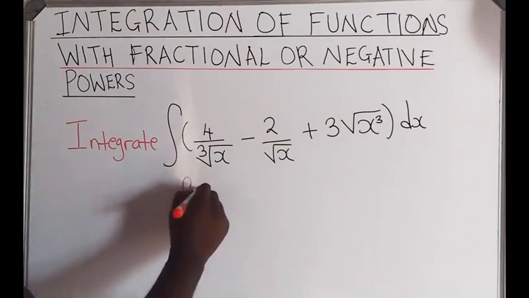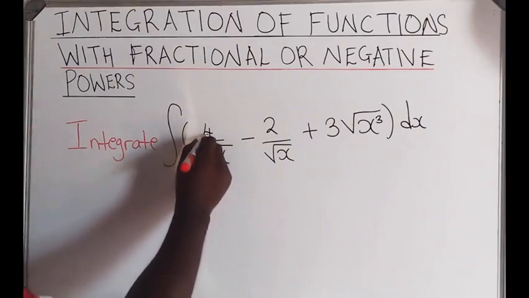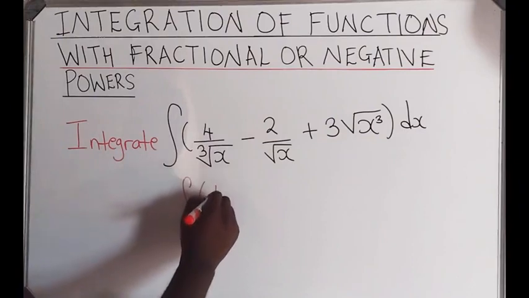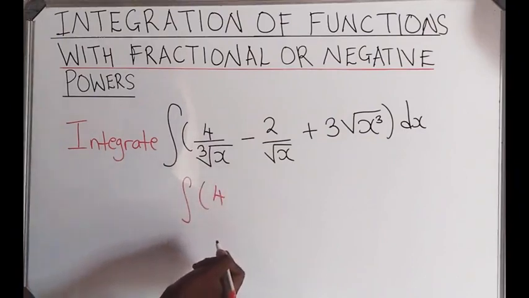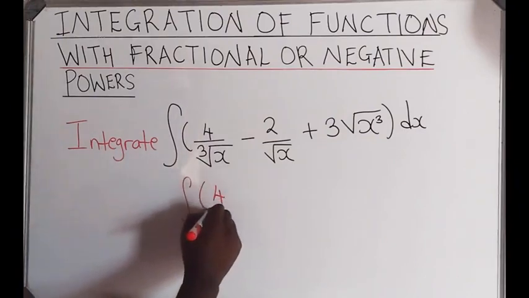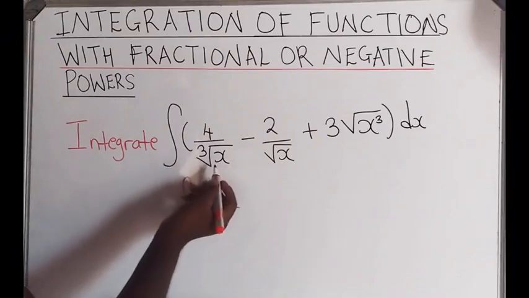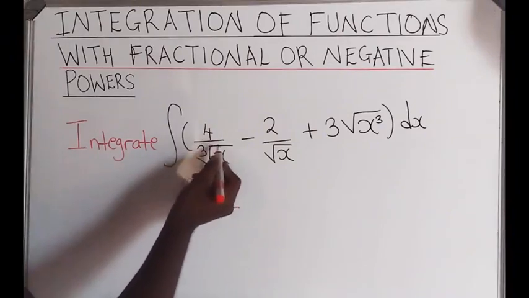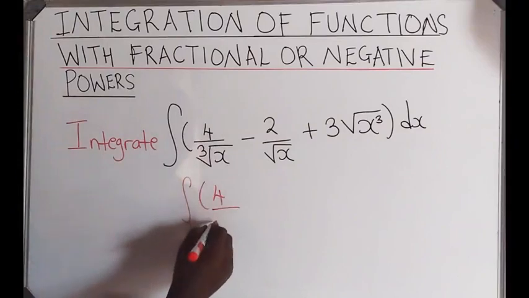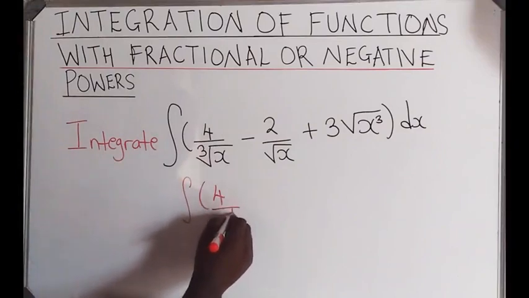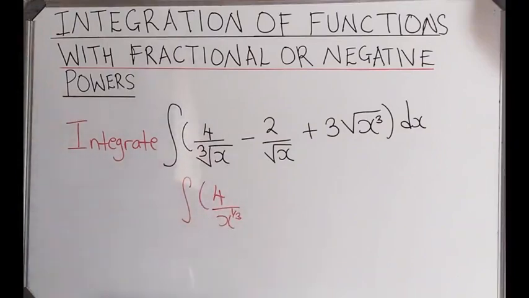The integral of, so we have this 4, you write this 4 over x, since we have the third root of x, it will be written as x raised to the power of 1 over 3, like this.